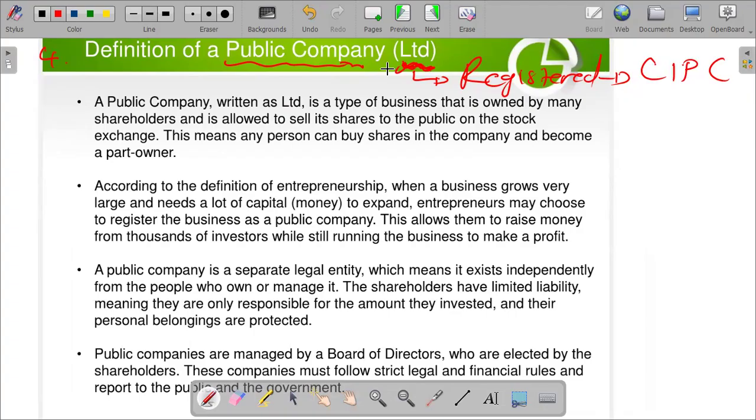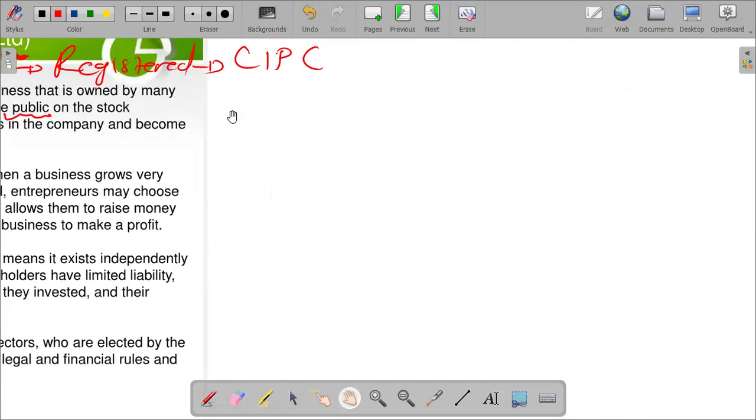Okay, so let's delve into the definition of a public company. A public company, written as LTD, meaning limited liability, separate entity. So you got the whole idea of what limited means. It's a type of business that is owned by many shareholders and it is allowed to sell its shares to the public. Right? You can put it here.